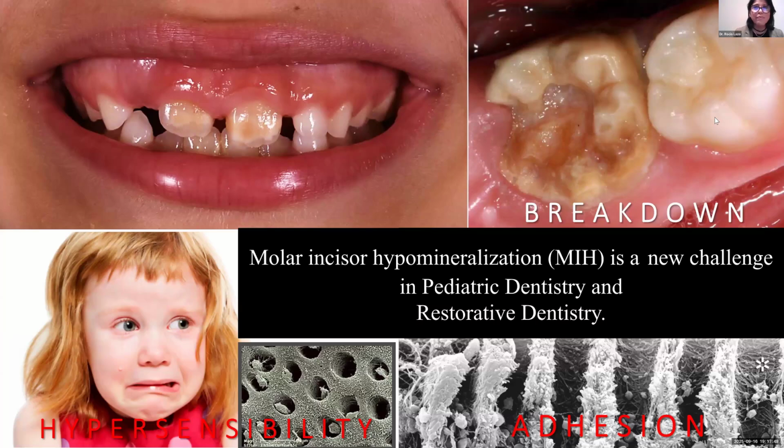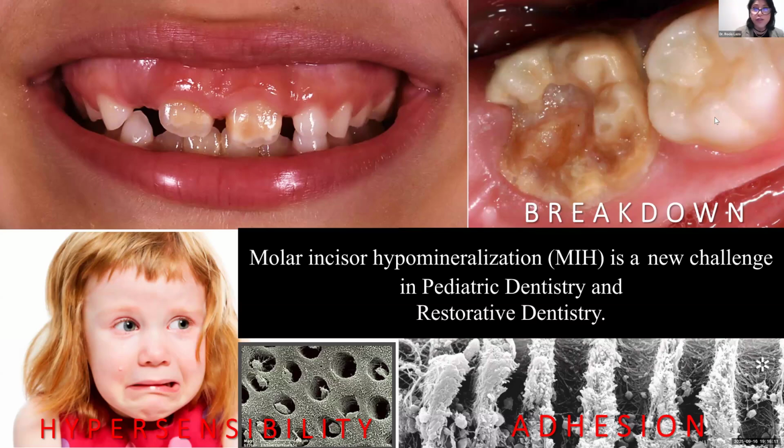And what happens in MIH? MIH today is our big headache, because our patients are coming with these yellow-brown opacities, the molar porosity breaks down so fast, and the kids have a lot of hypersensitivity.